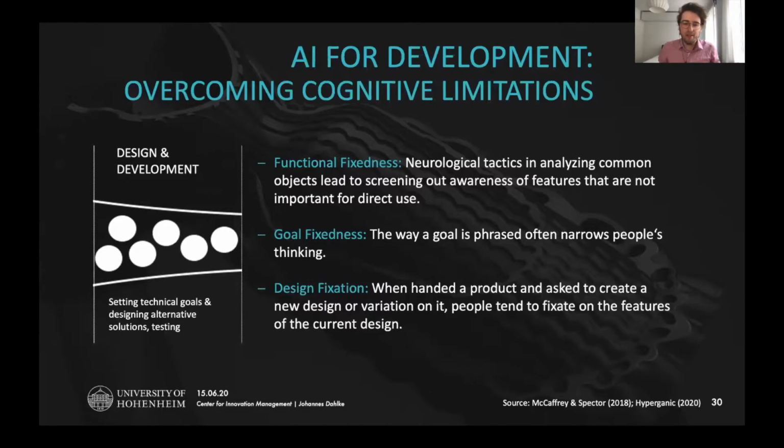And an example of AI being helpful here is what you can see in the background image. There you can see a rocket engine, right? That was developed and designed by AI, by a startup called Hyperganic Technologies.